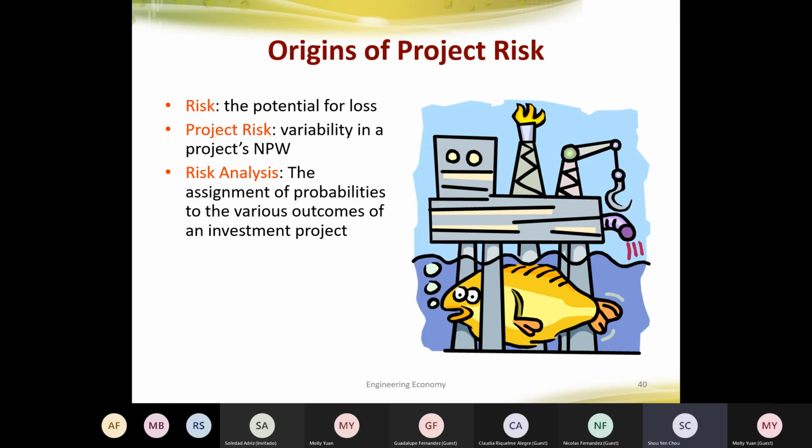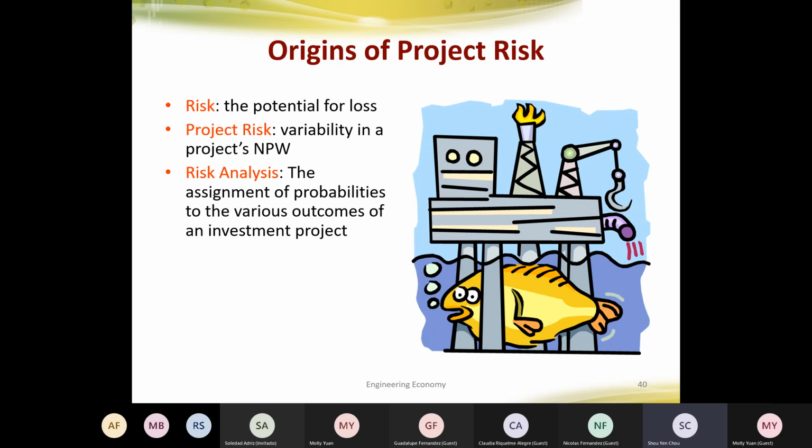Okay, and there are different ways to assess project risk. For example, here you can see if we want to accept a project, the way we do it is we compute the net present worth, but we don't have a fixed present worth.